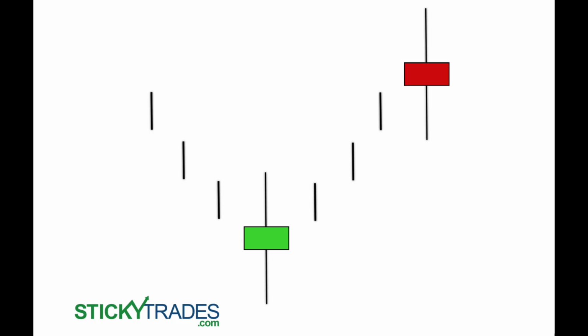Now, these vertical lines just represent the previous up or down leg. And so the body here that you see is a small body that is at the end of a downward leg. And that's telling us, again, a sign of indecision, that the sellers are running out of momentum. And then usually, but not always, you will see a pivot forming after the spinning top shows up.